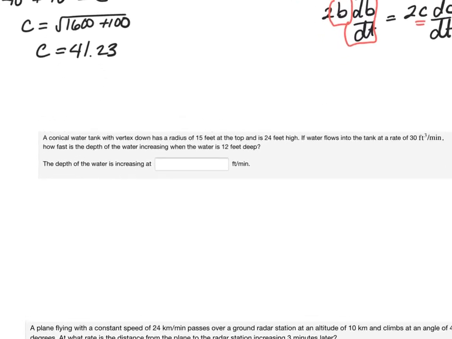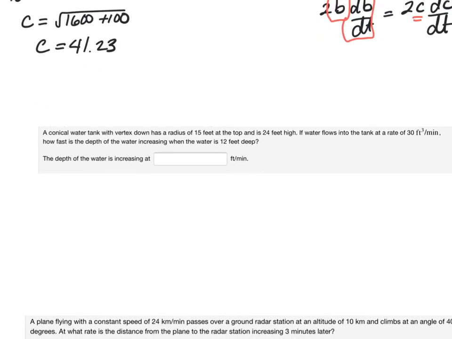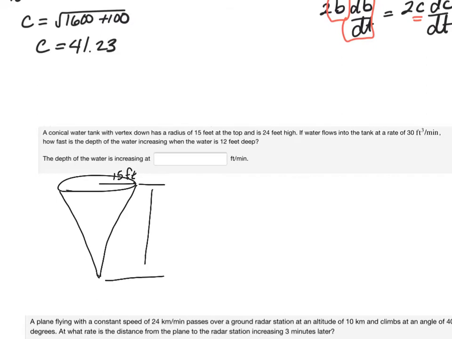Let's take a look at our next one here, which is a conical shape. We have a tank with a conical shape, with the vertex pointed down, a radius of 10 feet at the top and 24 feet high. The first thing I always do is draw my lovely picture. They tell us that the radius is 15 feet, and that the shape is 24 feet high.